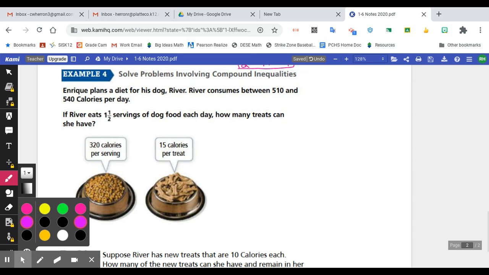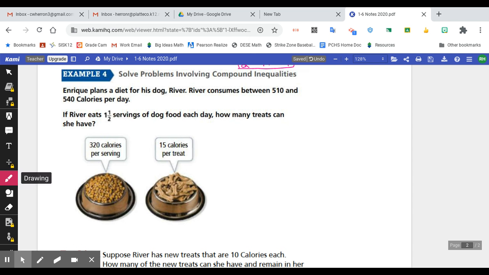All right, last one. Enrique plans a diet for his dog River. River consumes between 510 and 540 calories per day. If River eats 1.5 servings of dog food each day, how many treats can she have?